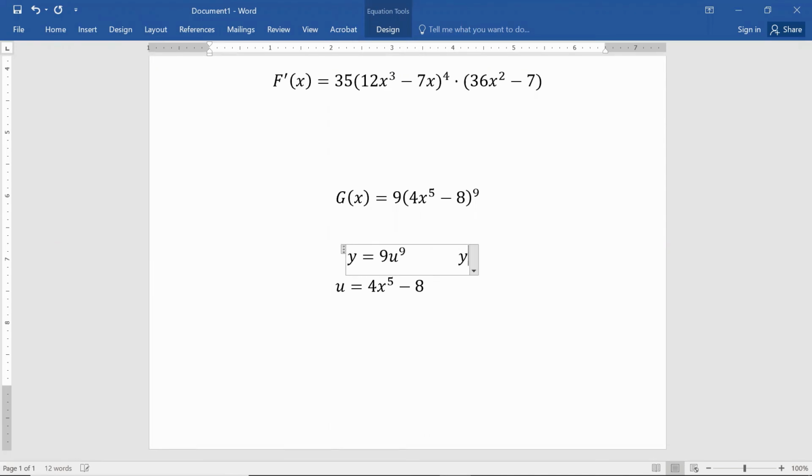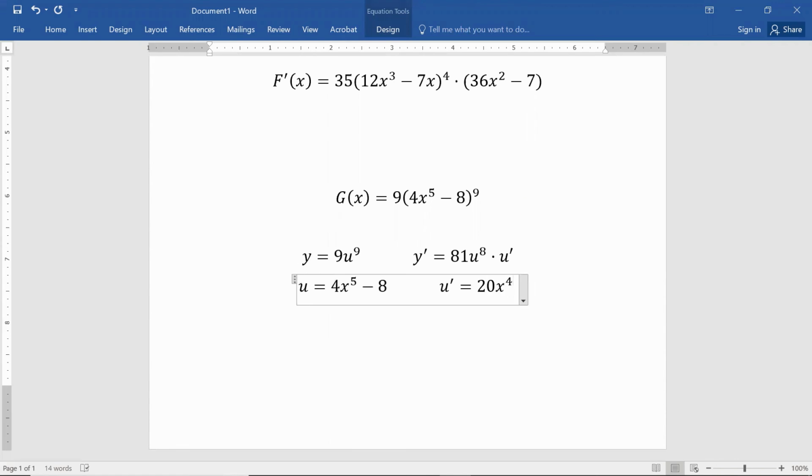If I take a derivative of the outside function, it will be 81u to the 8th times u prime. If I take a derivative of u with respect to x, I'm going to get 20x to the 4th minus 0. The chain rule says that my g prime of x will be 81u to the 8th times u prime.